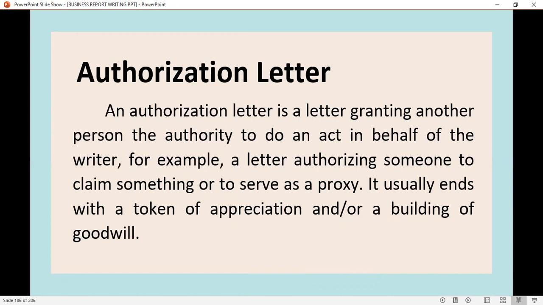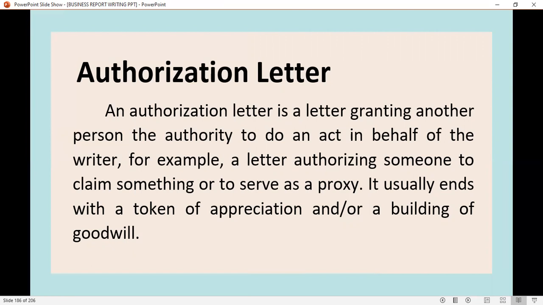Since hindi ka pwedeng magpa-claim ng transcript of record dahil wala ka dito, malayo ka, umuwi ka pa sa ibang probinsya, meron ka lang pinsan na nandito. Then what you have to do is, and you will be instructed also to do an authorization letter. You are authorizing your cousin to claim your transcript of records because you were not able to travel that far. So yun po yun.